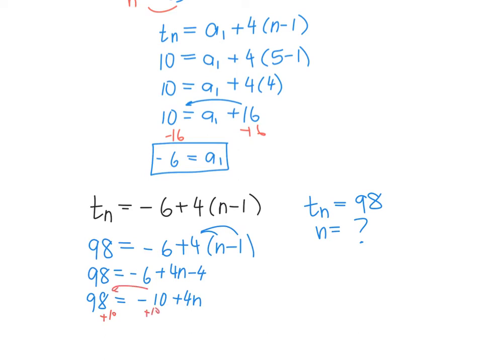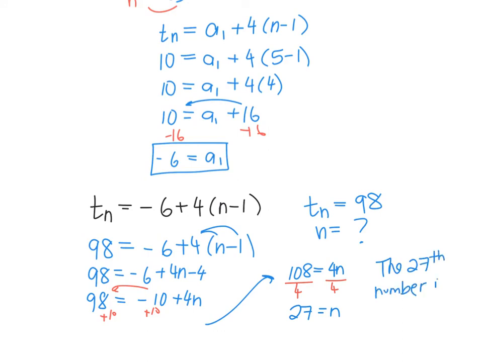And 98 plus 10 is 108, which is equal to 4n. And then we can divide both sides by 4, and you get 27 for n. That means the 27th number is 98.